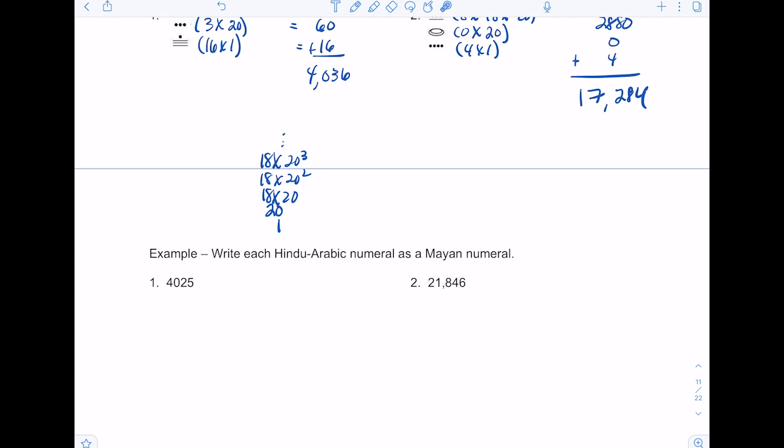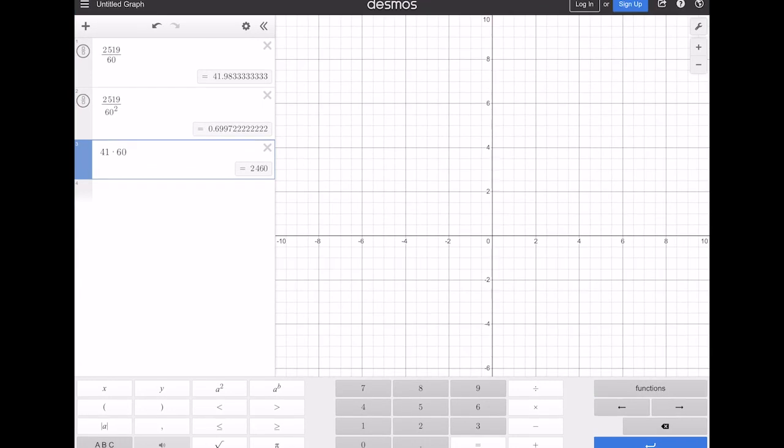And I can certainly divide 20 into 4,025, but I can also divide 18 times 20, which is just 360. I can divide 4,025 by 360. If I try to divide 4,025 by 18 times 20 squared, as you'll see, it'll go over, right?